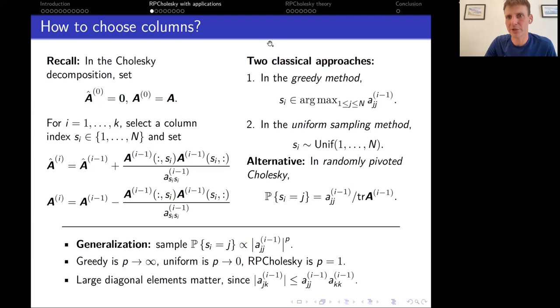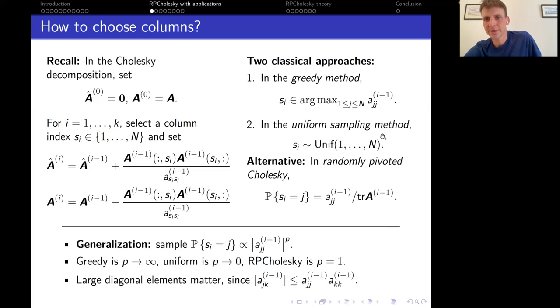On the right, I outlined 2 classical approaches. The first one's called the greedy method. It's essentially the same as pivoted QR. You look at the residual, you look at the diagonal entry, pick the biggest one, and that becomes the next pivot in your algorithm.